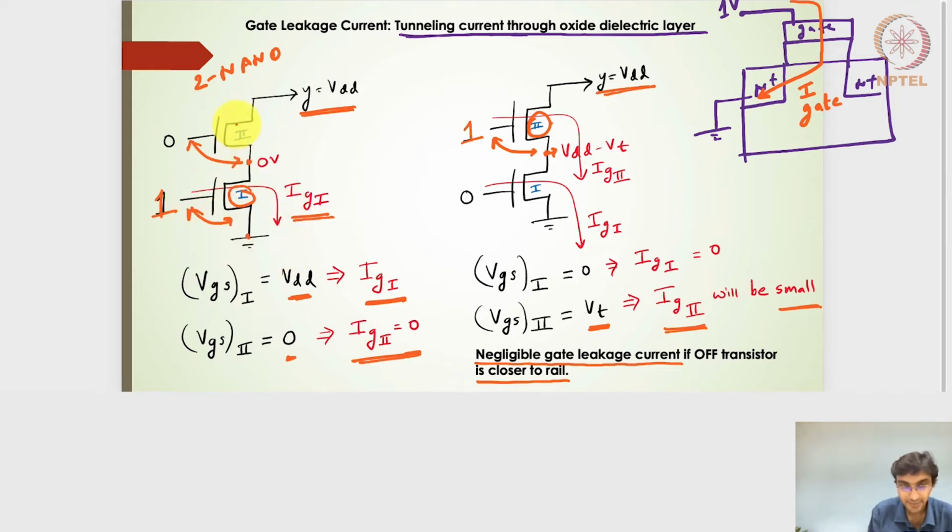But if we swap the logic, 0 to the transistor closer to the rail and 1 to the transistor closer to the output node, then I will have a very, very small VGS value, and a very reduced gate leakage current. So this configuration is better, to minimize the gate leakage current and overall minimize the gate leakage power. Right? Hope this is clear.